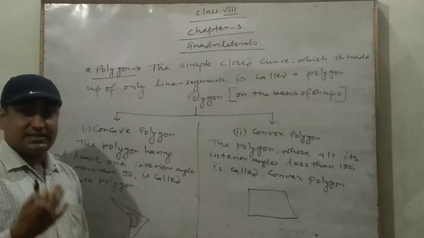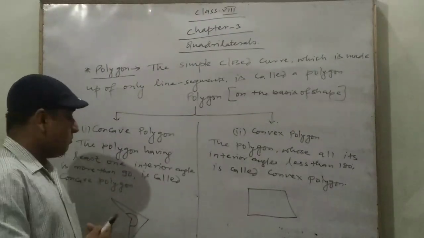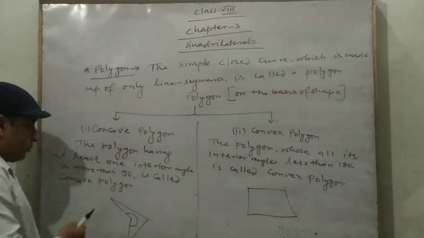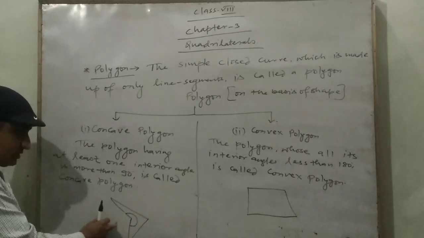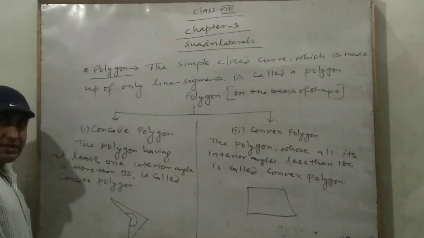जिसका at least one interior angle more than 180 degree होता है, उसको हम लोग concave polygon बोलेंगे. और इसका फिगर ये हो सकता है, in the form of an arrowhead is one of its examples.